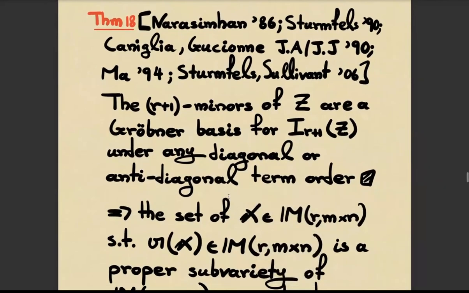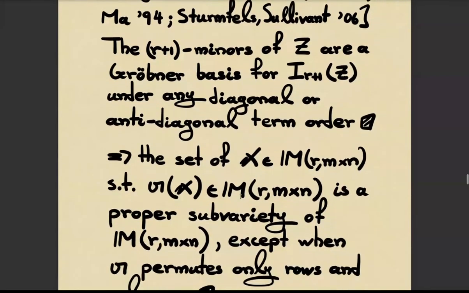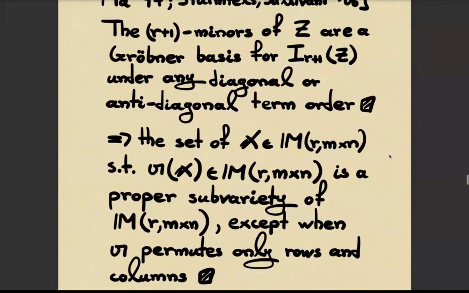However, from the fact that we can control the initial ideal like this, from the r+1 by r+1 minors, we can prove easily, immediately I would say, that the set of rank r matrices such that they stay of rank r after a permutation is a proper subvariety of the variety of rank r matrices, except when the permutation permutes only rows and columns.